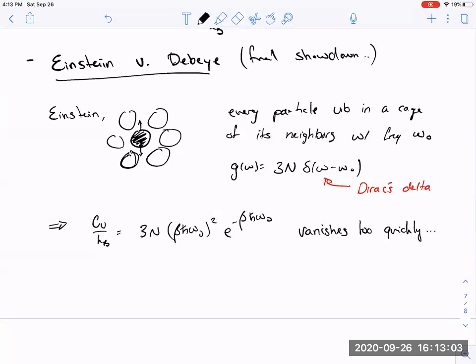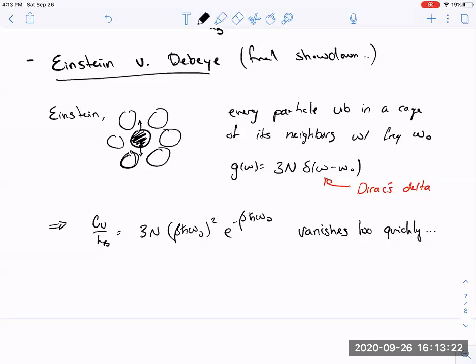In fact, leading order goes like 1 over T squared dressed by an exponential, much too quickly, much more quickly than the T cubed results observed experimentally.